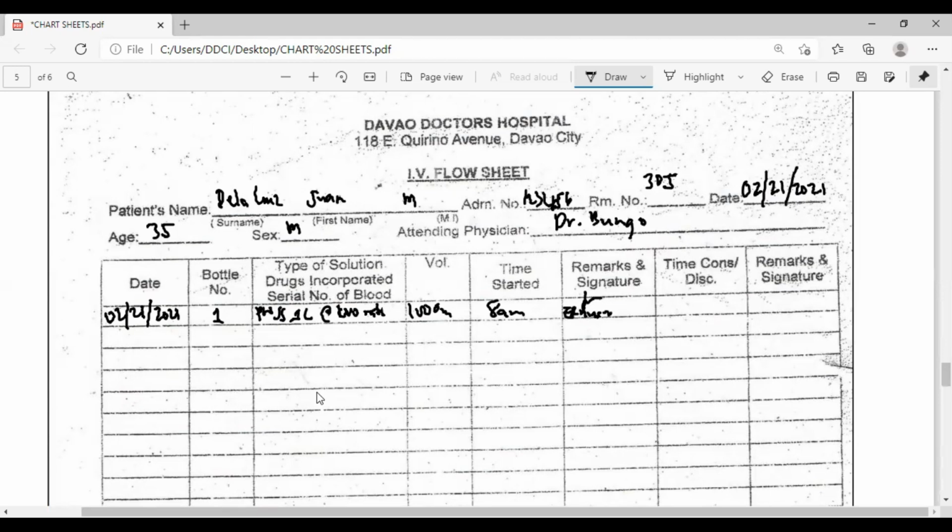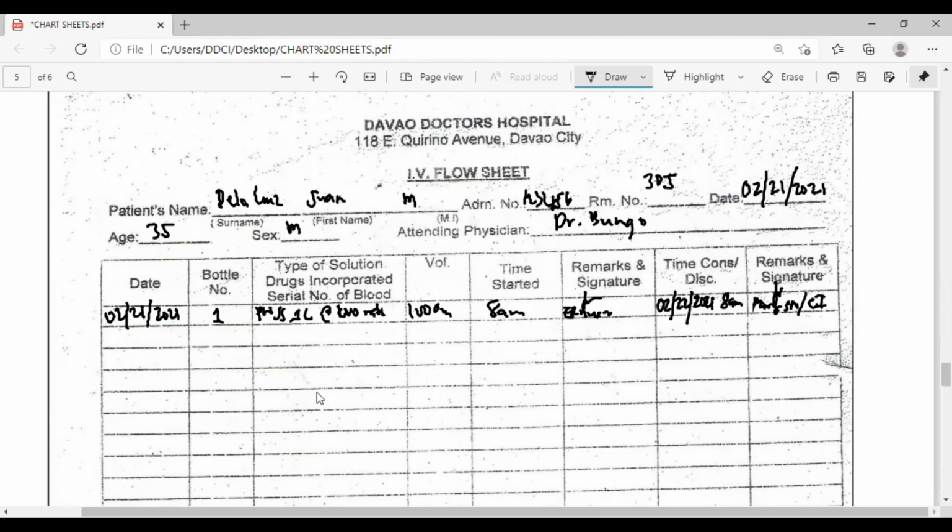If the doctor orders to shift the IVF, you discontinue, so you have to sign here as well, at the time of discontinue. For example, you discontinued it at around 02/22/2021 at 8 a.m. Then signature, you have your morning SN and the CI will countersign.